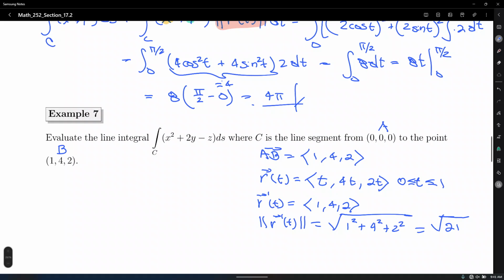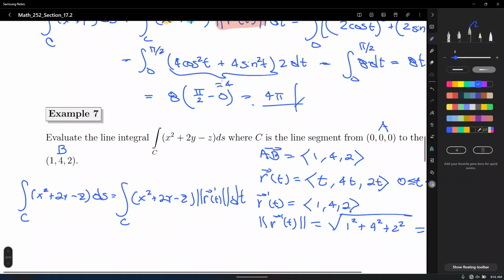Let's just evaluate the integral. That is the integral along the trajectory C of x squared plus 2y minus z ds. But again, you need to go to the world of t. Along C, x squared plus 2y minus z, times the magnitude of r prime, dt.